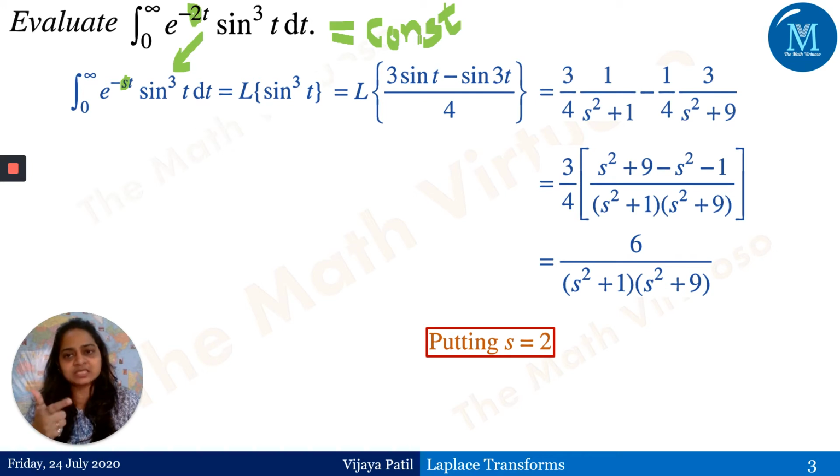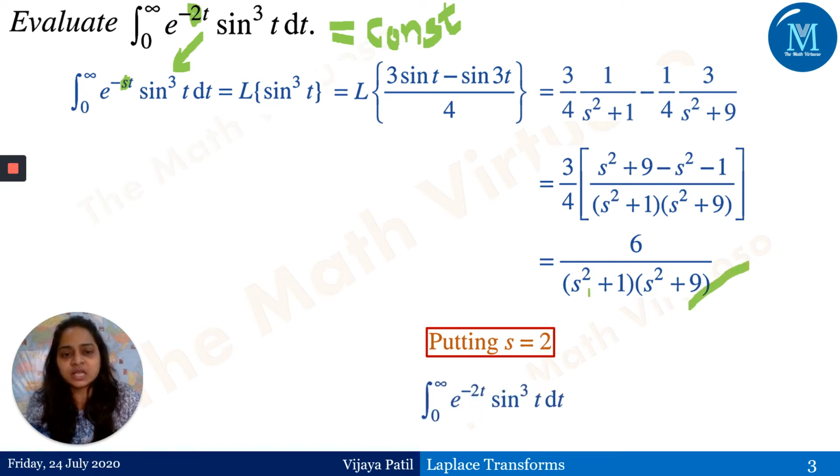Until now we have seen find the Laplace transform of the function, and at that time our answer comes out in terms of s, because we are moving from the time domain to the frequency domain. Now here we have to find a constant, because my question is evaluate, right? Now I'm putting s equals 2 in this, everywhere.